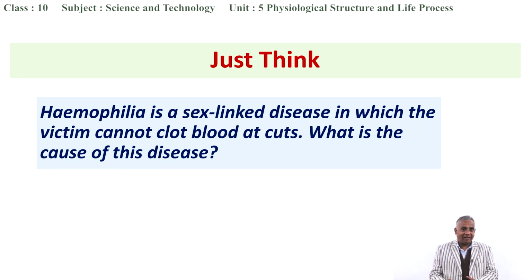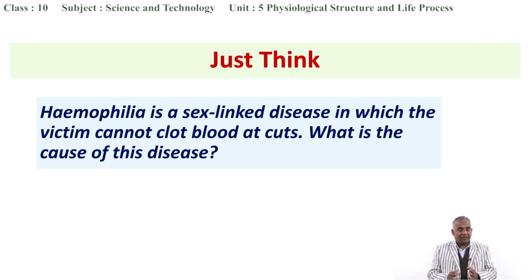Yes, male only. In men only hemophilia occurs, in which the victim cannot clot blood at cuts. What will happen if blood is not clotting at a cut? Yes, the person will die. What is the cause of this disease? That is the main question.